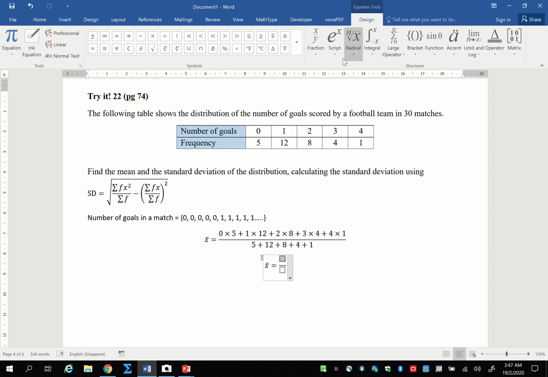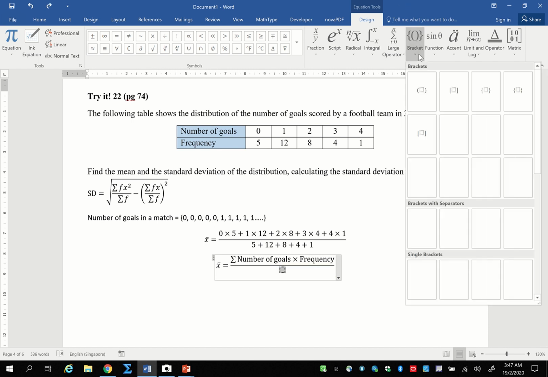So let's put summation. And over here, I am basically adding up all my frequency.